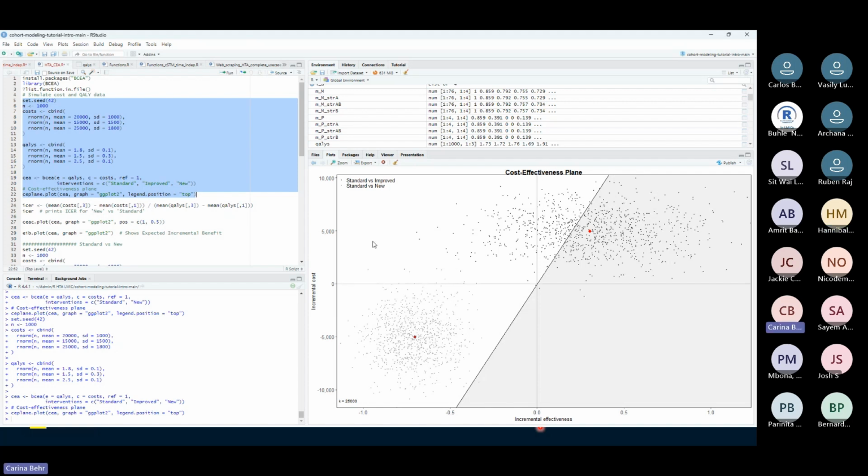Yeah, so I think the only thing that's happening is that for standard versus new, it's calculating the increment as standard minus new instead of new minus standard. Okay, I see what you mean. All right, you know what?